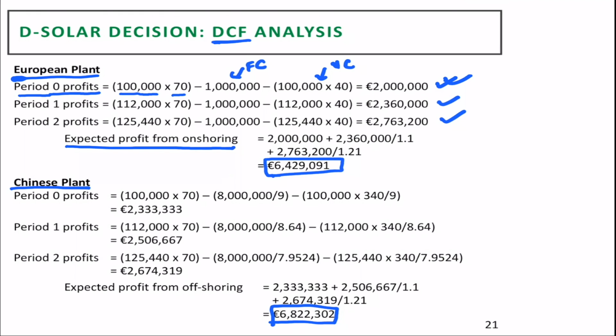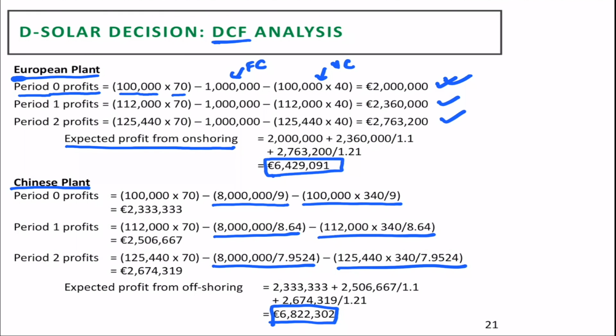Please note that when calculating numbers for the Chinese plant, we have to convert yuan to pounds. For that we have to use appropriate exchange rates. So clearly going for a Chinese plant looks to be a better option, but this analysis does not include the uncertainties. So let's do that by using decision tree analysis.